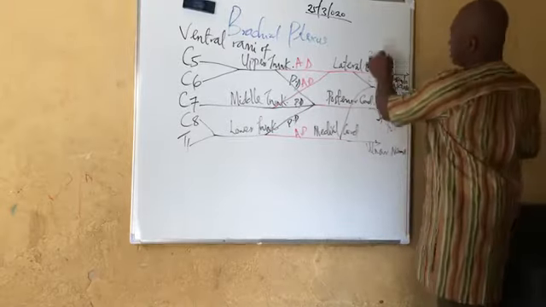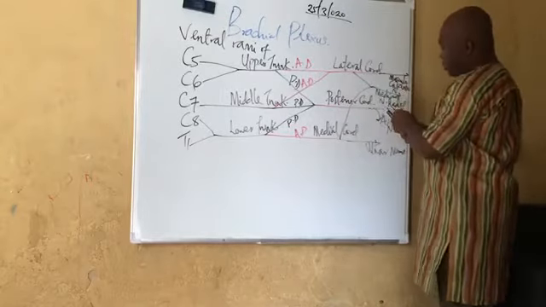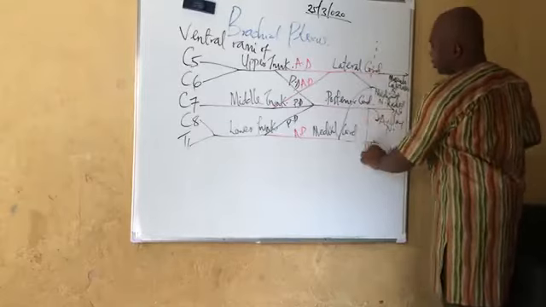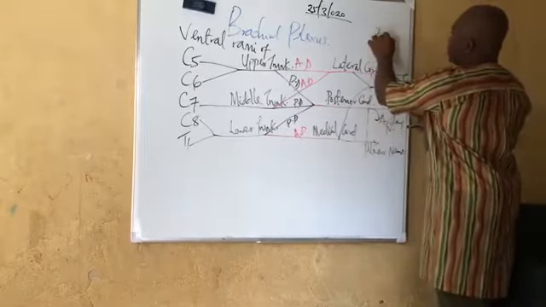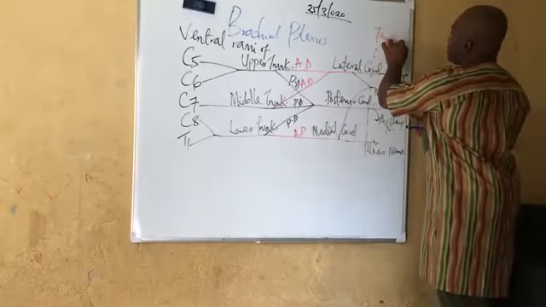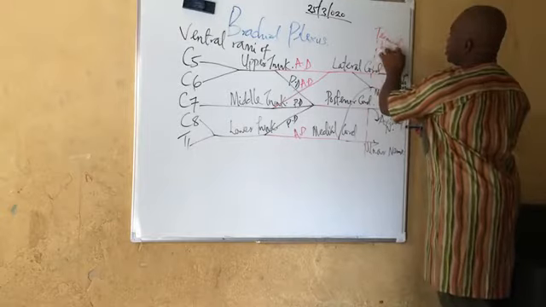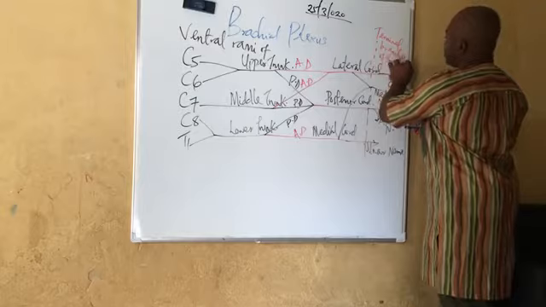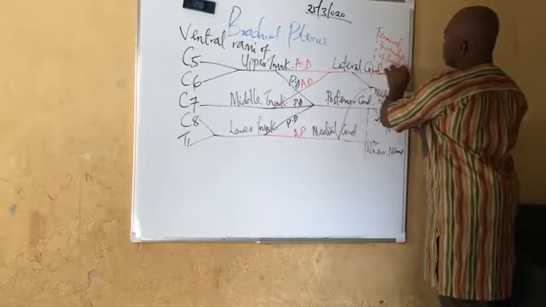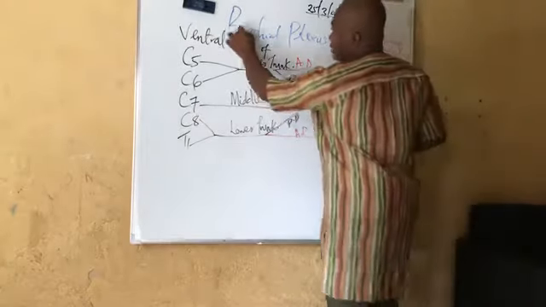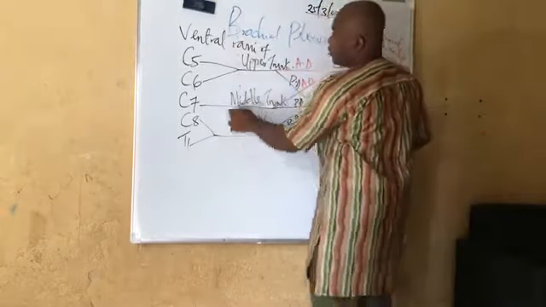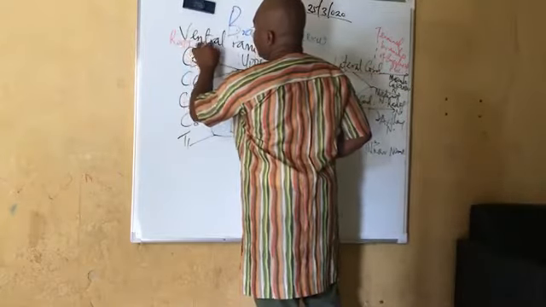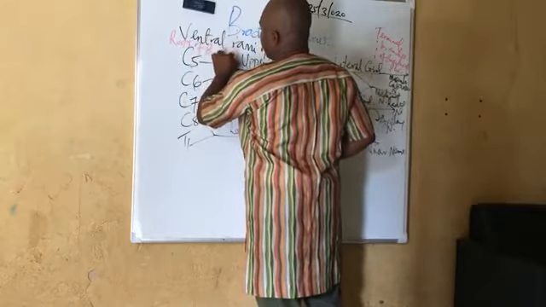So these are the terminal branches of the brachial plexus. This region you call the terminal branches of the brachial plexus. This side you call the roots of the brachial plexus. This other side you term the trunks of the brachial plexus.